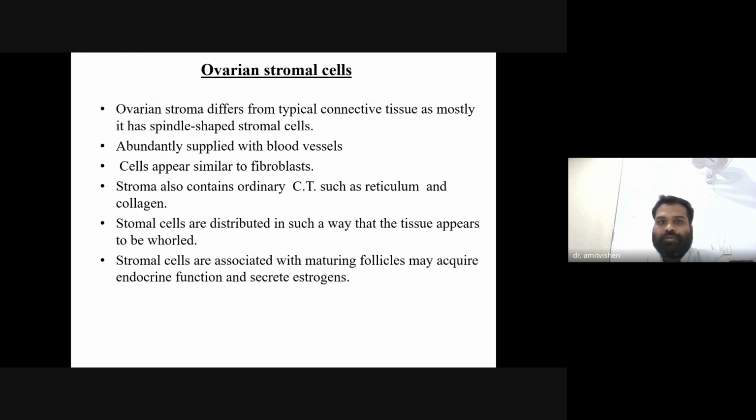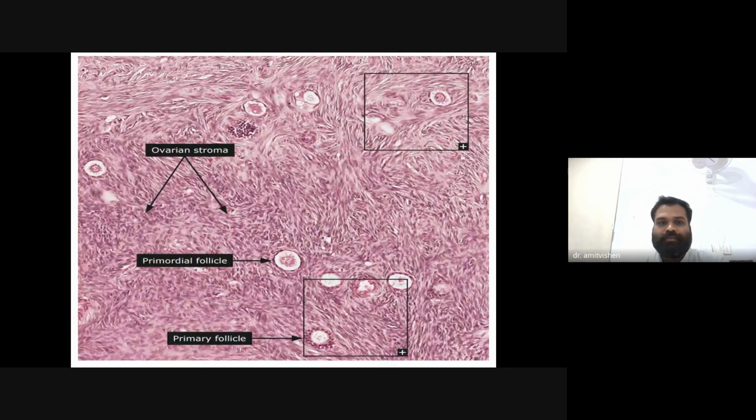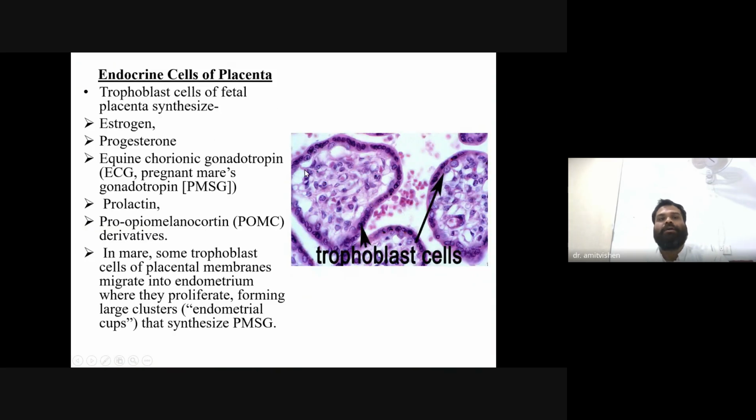The stroma of the ovary contains connective tissue such as reticulum and collagen. Stromal cells are associated with the maturing follicles and may acquire endocrine function and later secrete estrogens. Primordial follicle is being shown, primary follicle is being shown, and this is wholly the ovarian stroma.